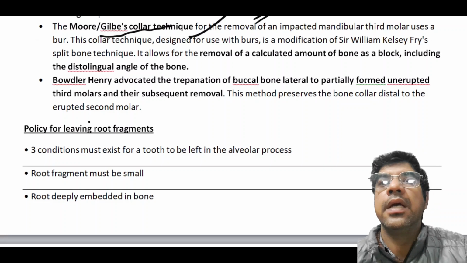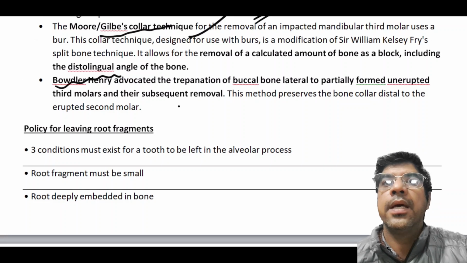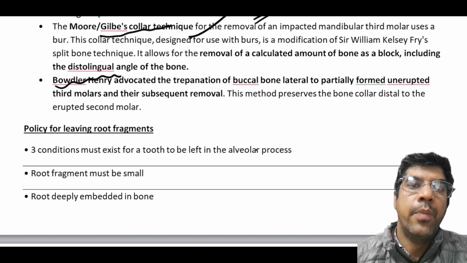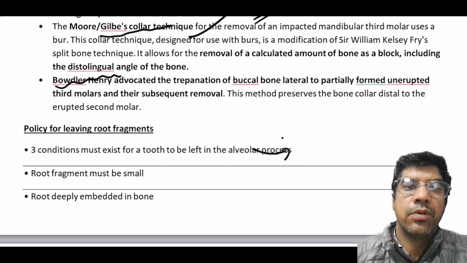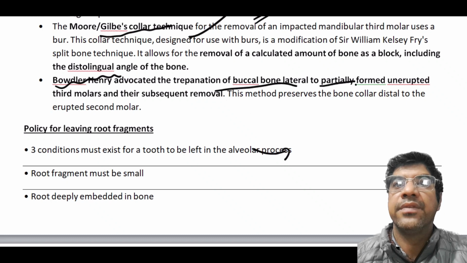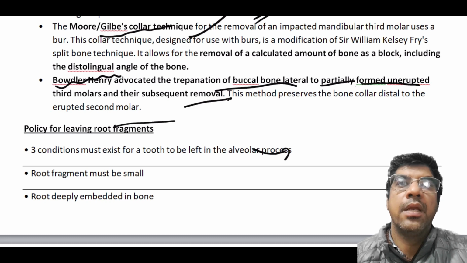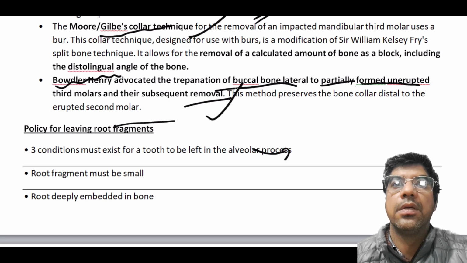The other is the Bowdler Henry technique. It was given by Bowdler Henry. It is designed for trephinization of the buccal bone lateral to the partially formed unerupted third molar.